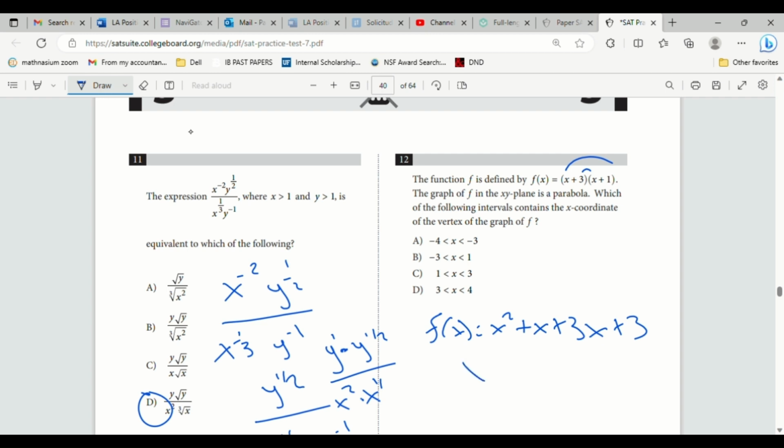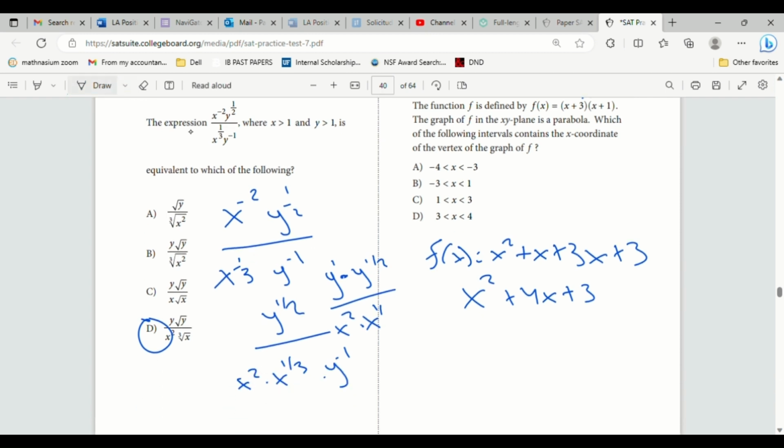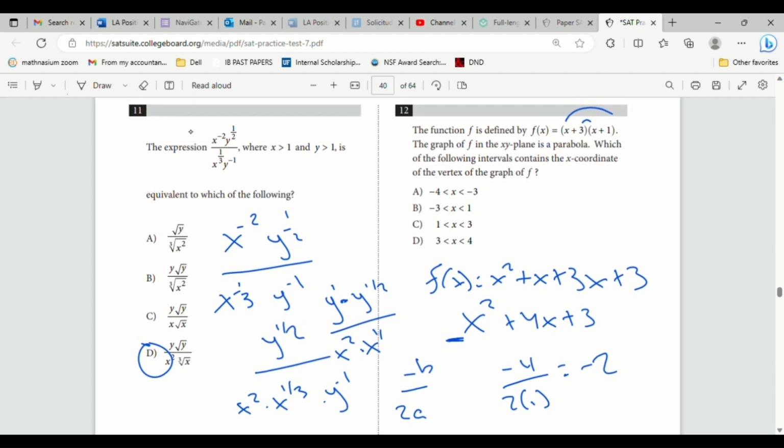Add like terms, x squared plus 4x plus 3, and then to find the x-coordinate of a vertex, you use the formula -b over 2a, so that's -4 over 2 times 1, since there's nothing in front of the x squared except for a 1, which is -2. And the only interval that contains this -2 is B.